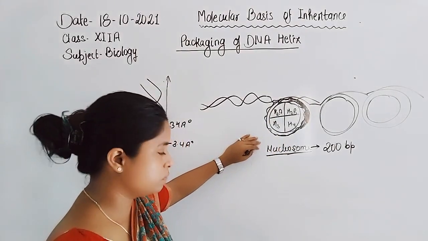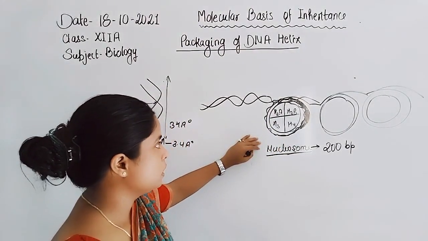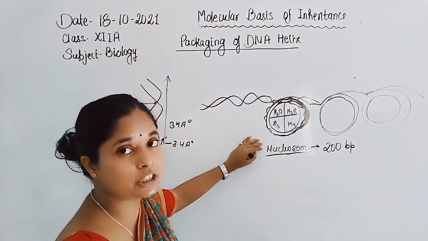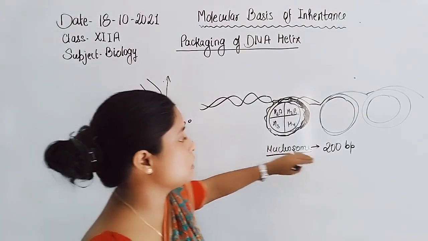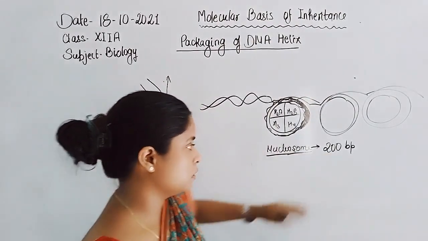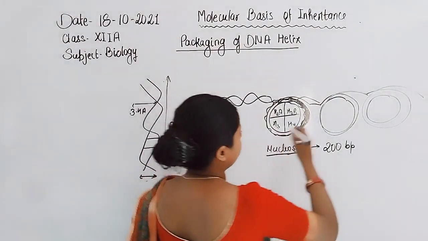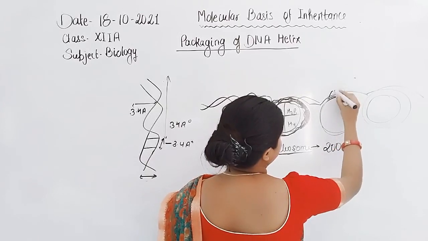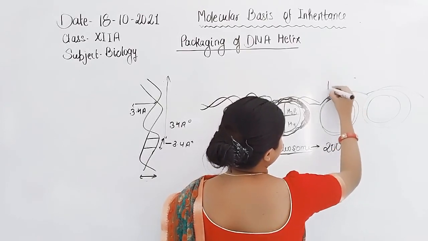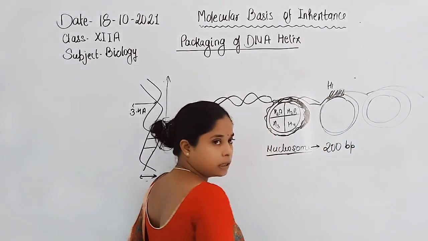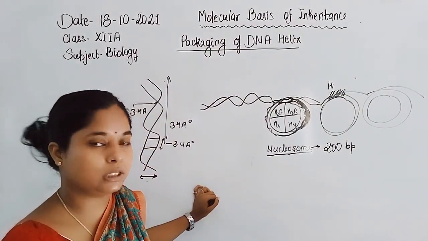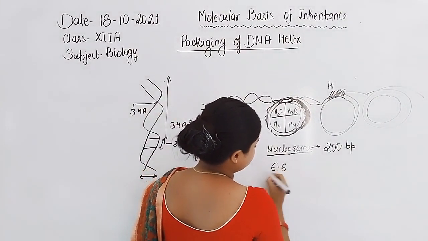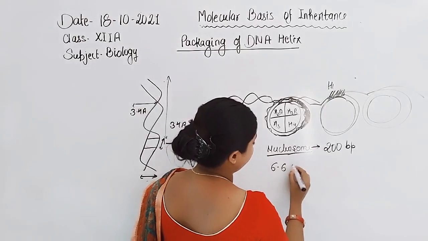So the length of DNA which wraps around the histone protein is about 200 base pairs. Now after this comes the H1 histone protein.